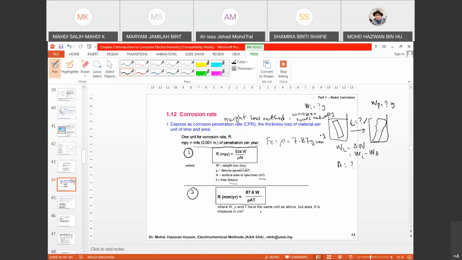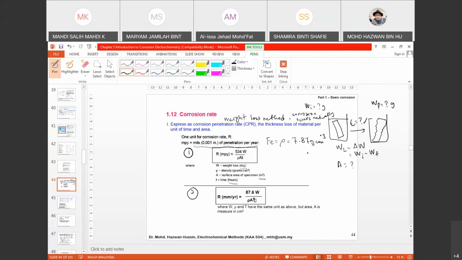Meanwhile, for formula number 2, the formula is R equals 87.6 multiplied by W. W is the weight loss, unit still the same, milligrams, over rho times area and T. T is the time, also in hours.